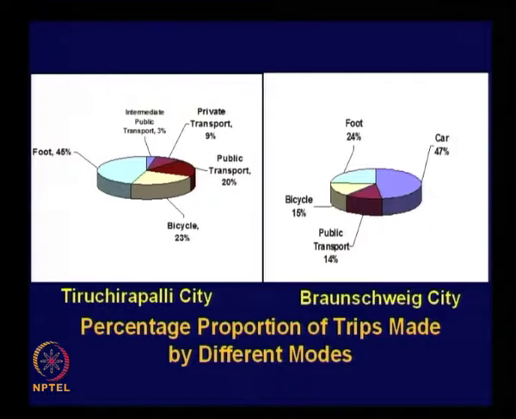Do you think that we are also tending towards the modal split scenario shown for Braunschweig? We are tending. In my opinion, we may not reach the exact figures shown for this city, but definitely trips made by personal vehicles like cars and motorized two-wheelers are going to increase to a very significant extent, right.